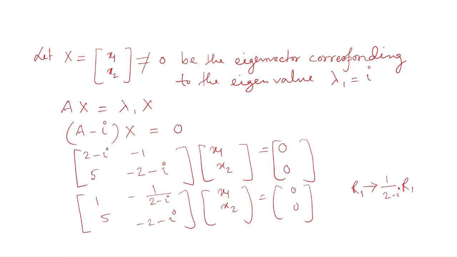Okay, now let us calculate this part, removing the complex part from the denominator. Minus 1 by (2 minus i) becomes (2 plus i) over (4 plus 1). So this is minus 2 by 5 minus i by 5.